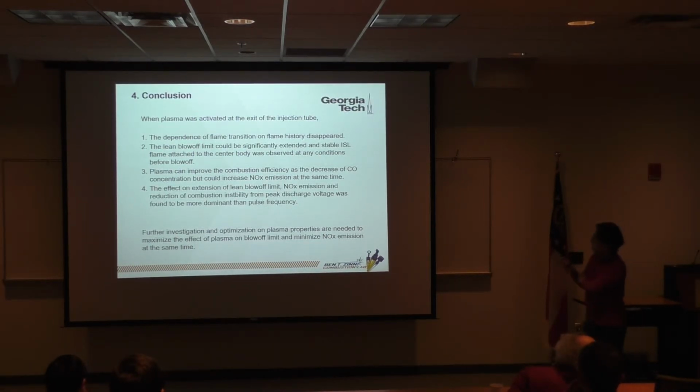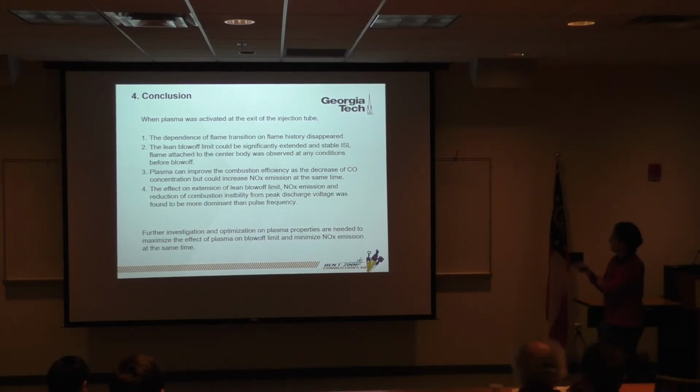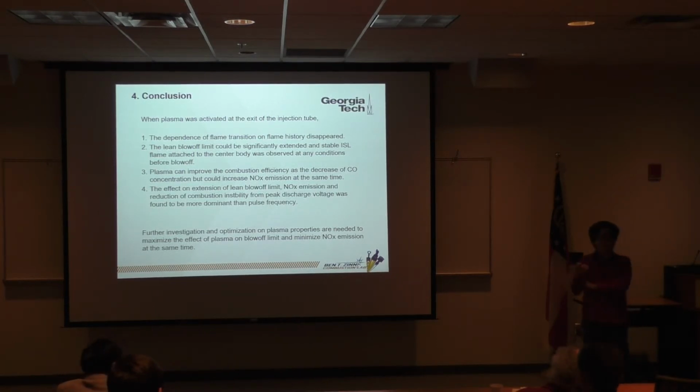So I need further investigation and optimization on plasma properties, and also to minimize the NOx emission and maximize the effects of plasma on the blow-off limit. So that's all my presentation.